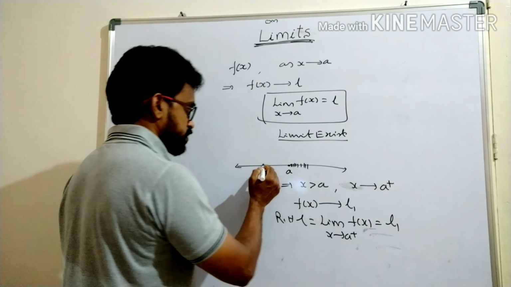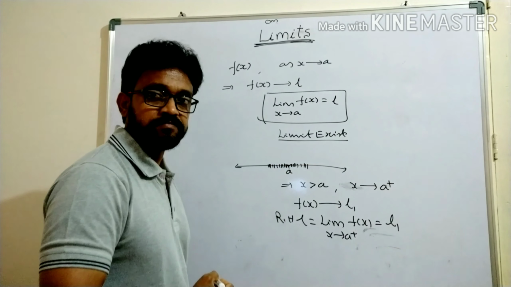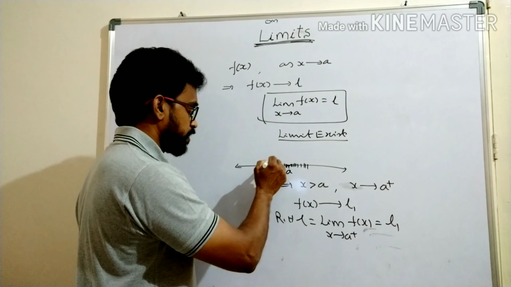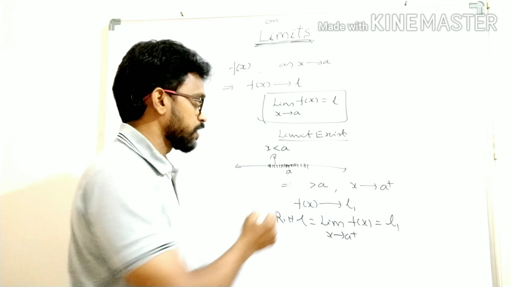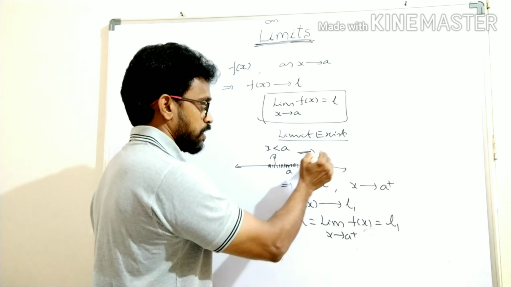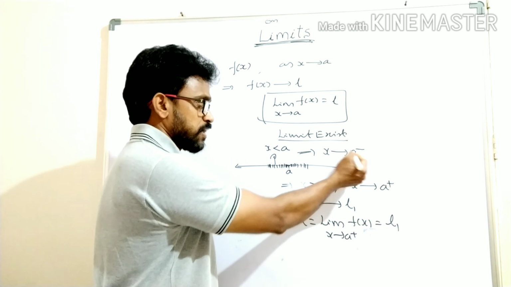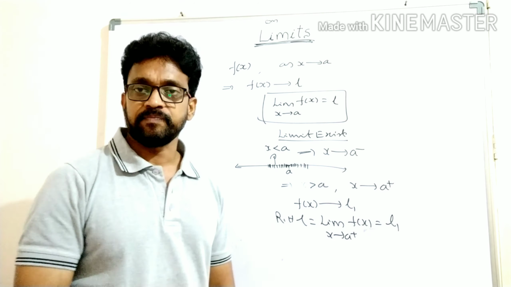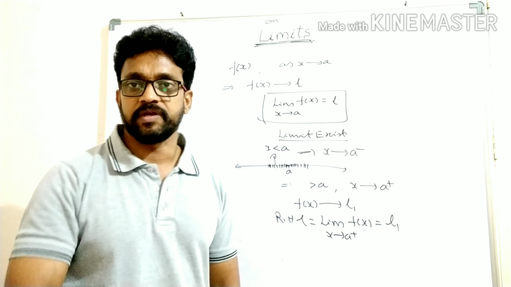Again suppose x values approach to the left of a. In this case, very clear, x is less than a. How to write? X tends to a minus. X tends to a minus indicates x values approach to the left of a, just left of a.